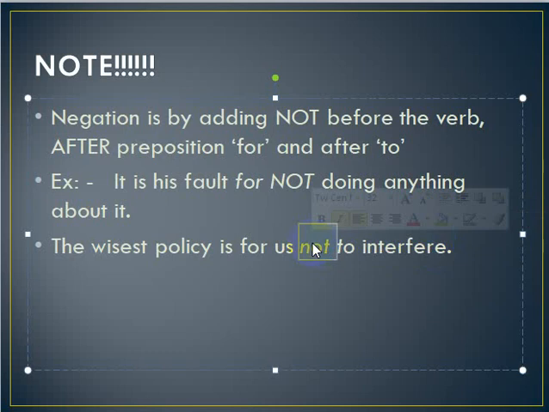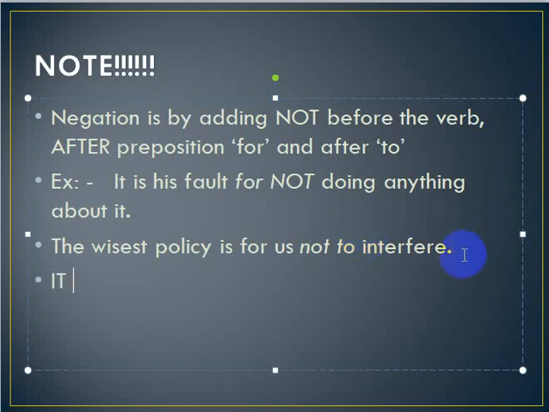If it is a preposition, then the not comes where? It comes after it. For example, we can say, it is good to me, going there. Now let's write it here.